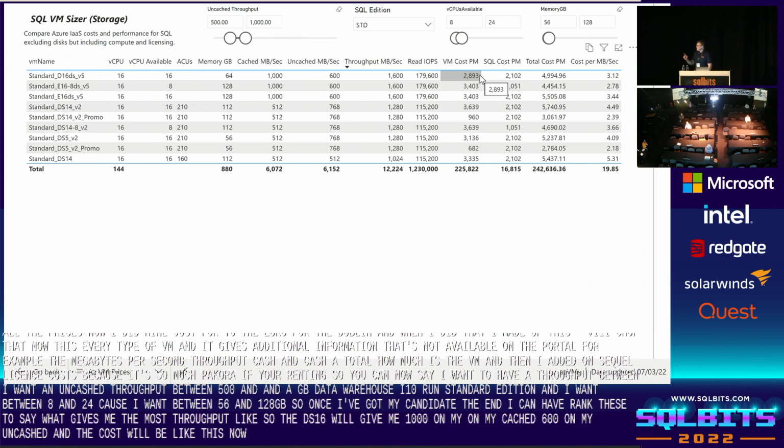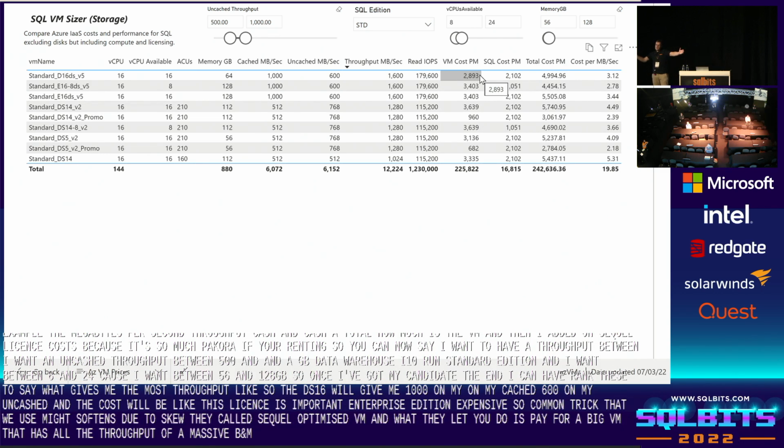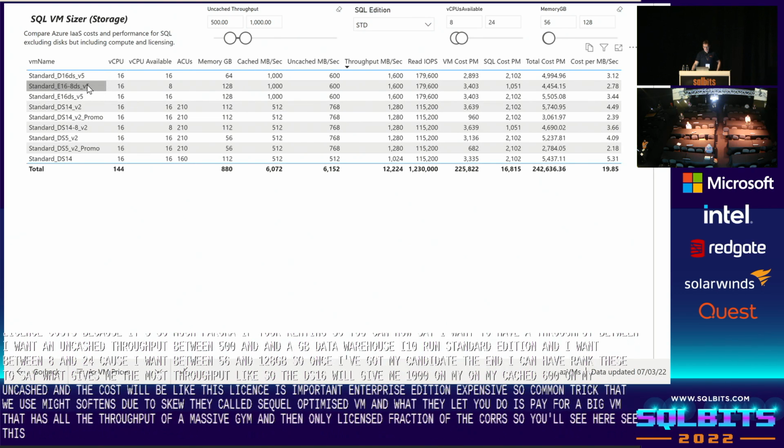Now, licenses is important, because if you're paying for Enterprise Edition, that's very expensive per core, right? So a common trick that we use, Microsoft introduced a SKU they called SQL Optimized VMs, and what they let you do is pay for a big VM that has all the throughput of a massive VM, and then only license a fraction of the cores. So you'll see here, this second SKU is an E16-8.